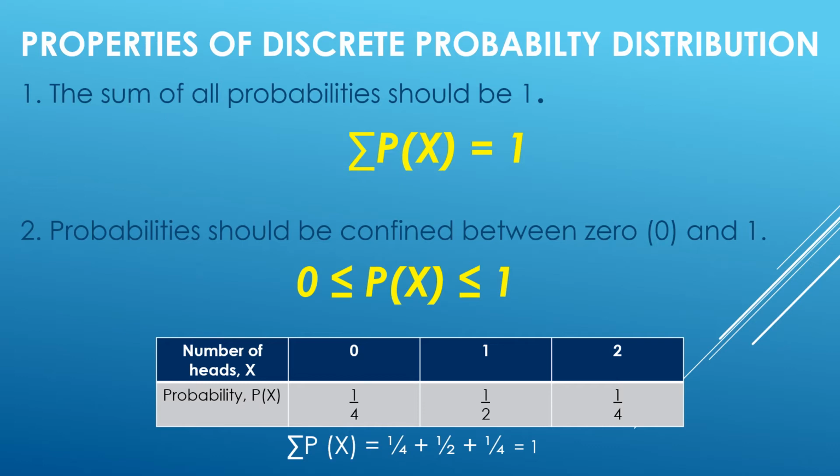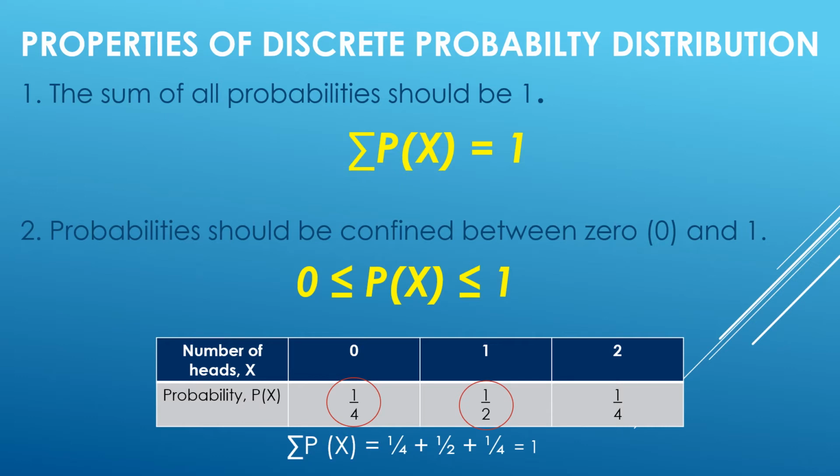Or the number must be between 0 and 1. 0 and 1 are included. Okay? We will check. Here is the probability of 0, which is 1/4. Is 1/4 a number between 0 and 1?